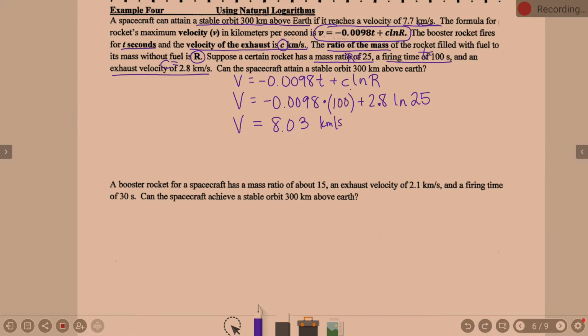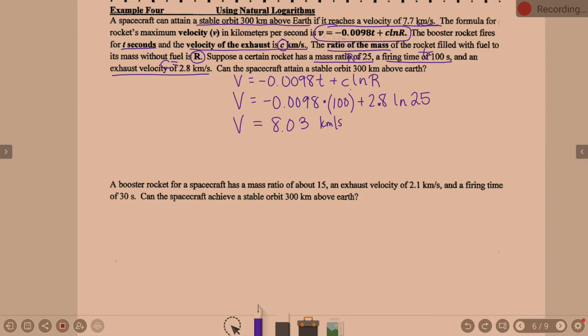Now, what's the question asking? Can the spacecraft attain a stable orbit 300 kilometers above Earth? What has to be true for it to attain a stable orbit? It has to reach a velocity of 7.7. Does this reach a velocity of 7.7?